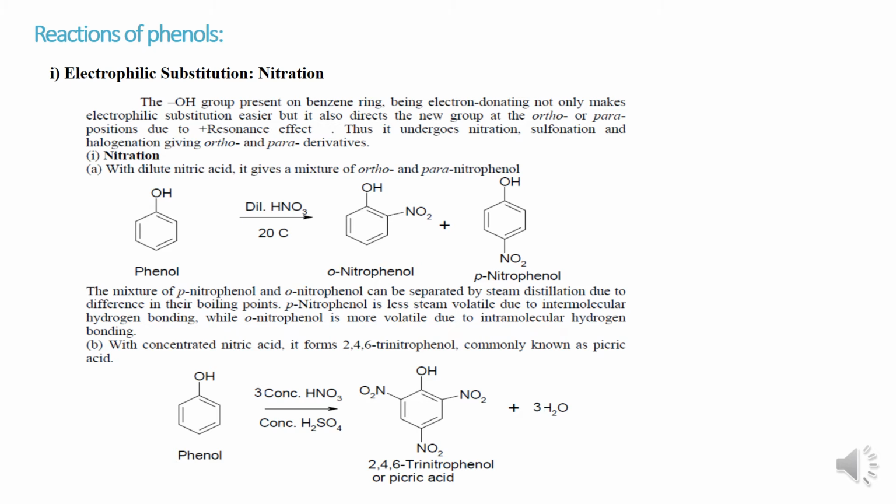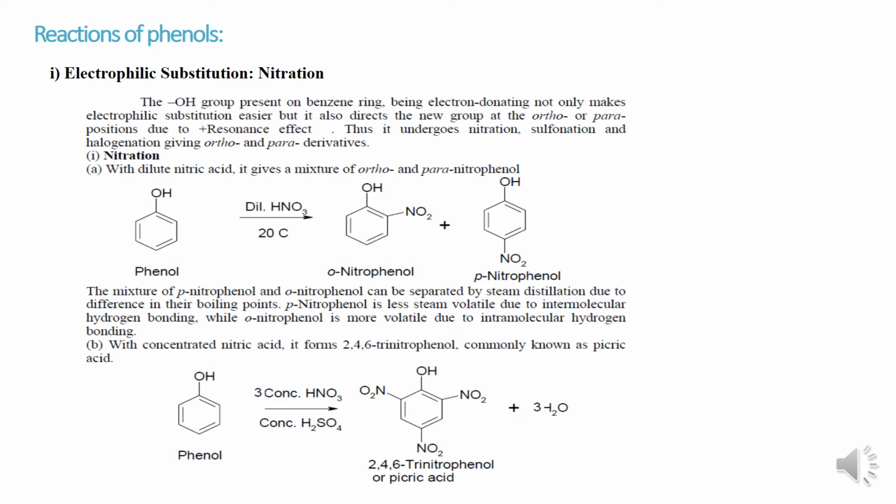That is intramolecular hydrogen bonding. The nitro group at the ortho position is very near to the hydroxyl group of phenol, isn't it? So it makes a hydrogen bond easily, rather than para. Para means it is far away, so it is not easily possible.